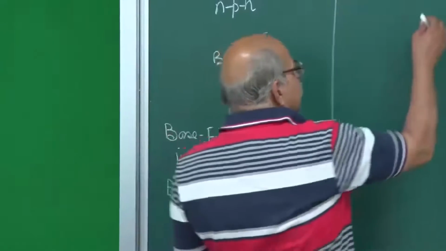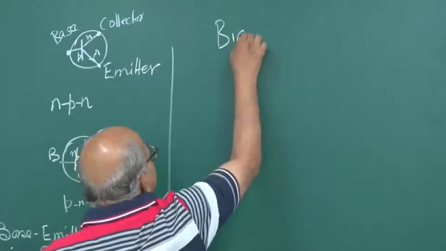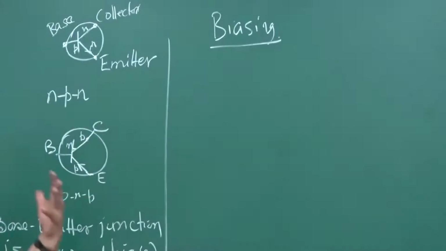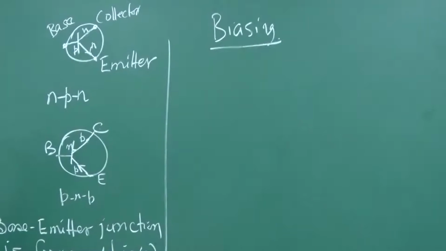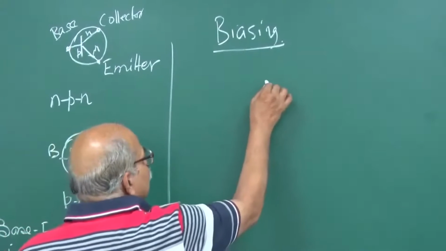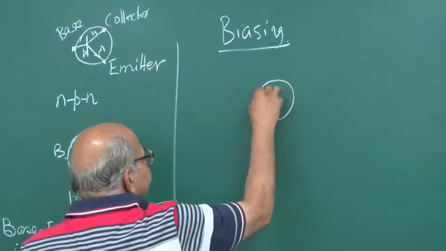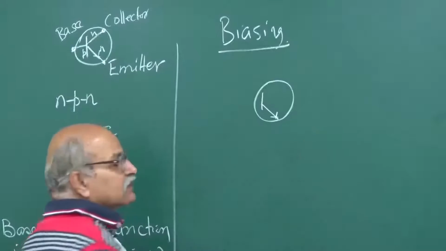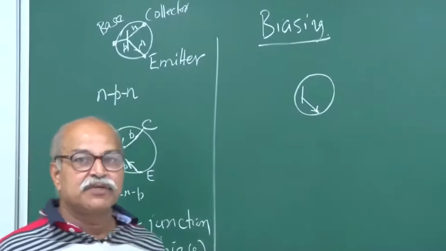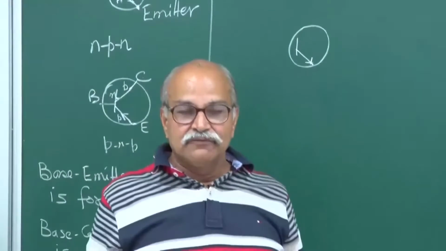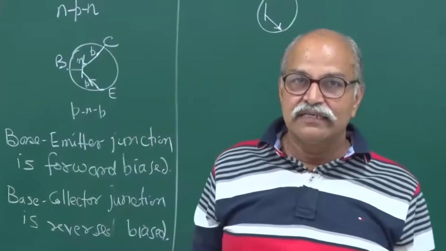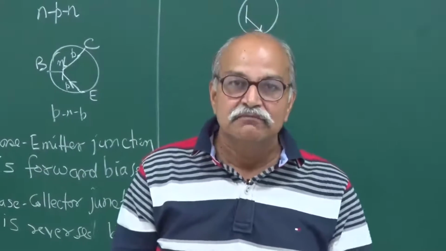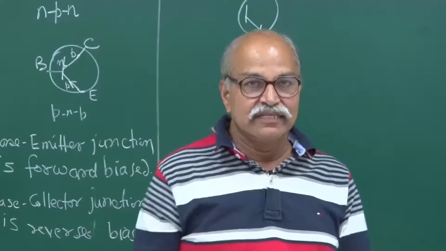So, that biasing in this fashion can be achieved in several manners. One possibility is that you take this transistor, and this is the emitter side. I am talking in terms of NPN, but the same description will be valid for PNP also. As I said earlier, all the arrows will be inverted and all the polarities of the battery cells will be inverted.